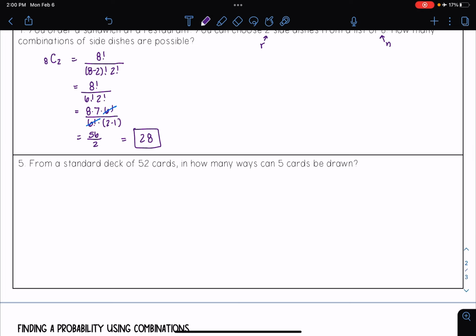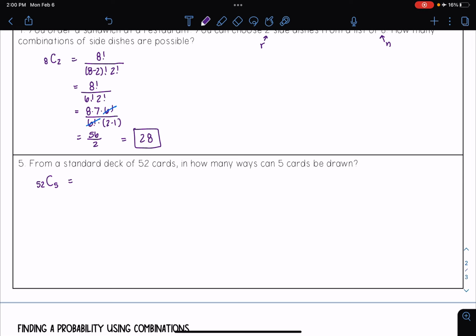Okay, and then one more. From a standard deck of 52 cards, how many ways can 5 cards be drawn? So here, again, order doesn't matter. We're just looking to see what ways we can draw 5 cards. Doesn't matter what order we draw those 5 cards. I know this is a combination. And so this is going to be 52C5 because I have 52 total cards and I'm choosing them 5 at a time.